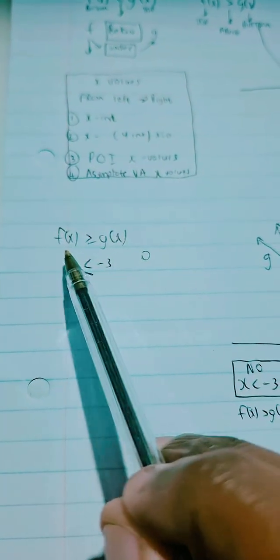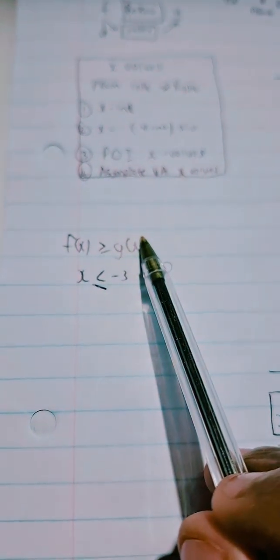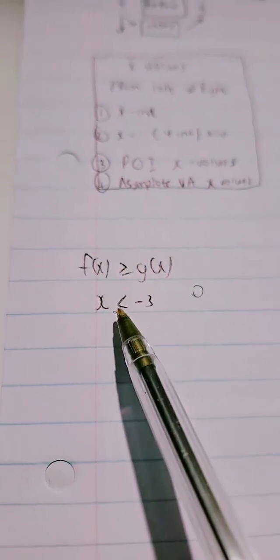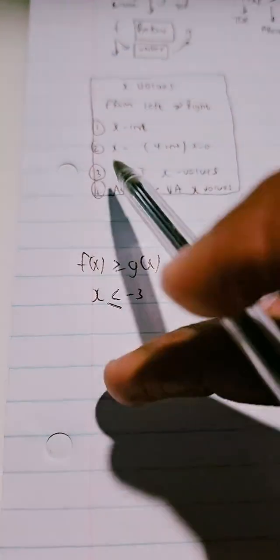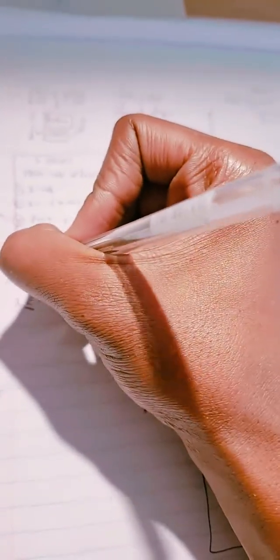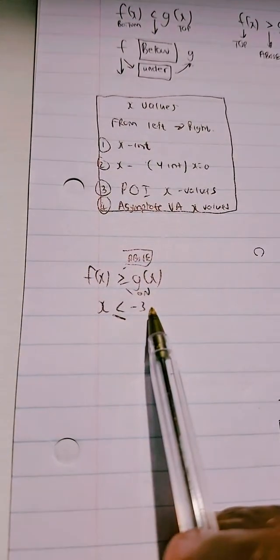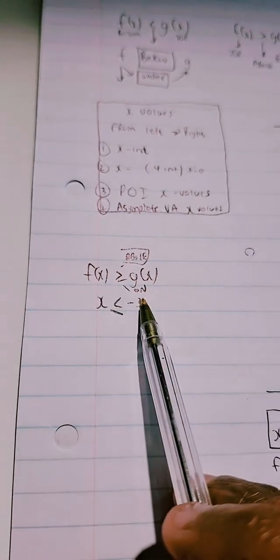Where x is less than negative 3, that's where the function f is above g. But where x is equal to negative 3, that's where the function is on g. So above and on. Where are we above? It's where x is less than negative 3. Where are we on?